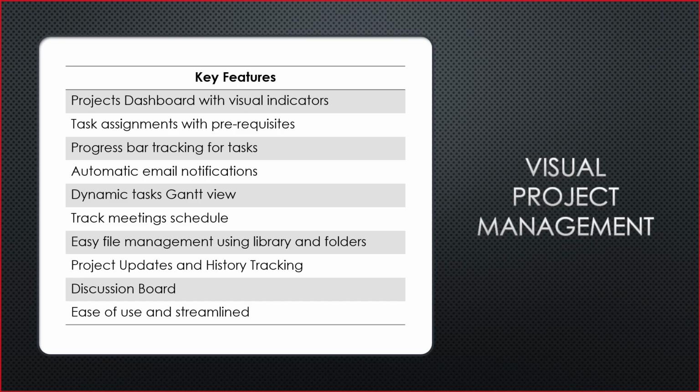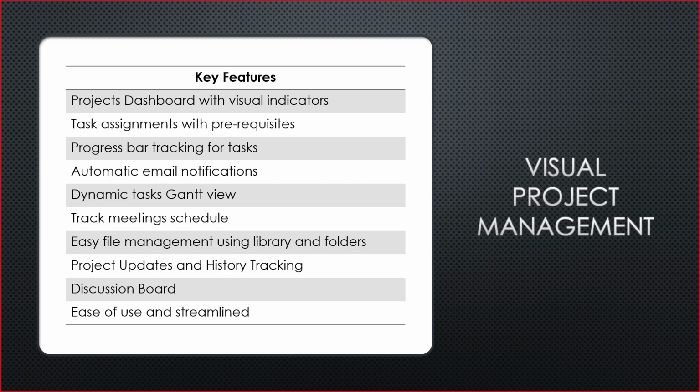With those goals in mind, we know we want to have these key features that I've listed out. We certainly want to have a good projects dashboard, which should include visual indicators. We don't want just black text on a white background. We need to do more than that. Certainly, when it comes to projects, we're thinking about tasks.